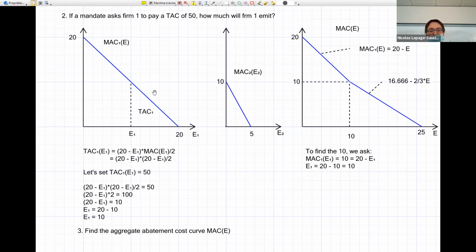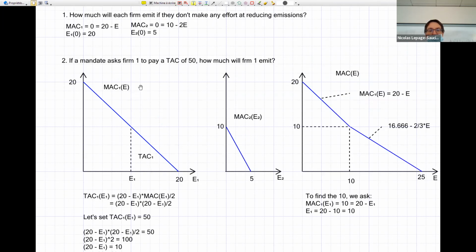Ask, for instance, at a marginal abatement cost of 10, how much would each firm have emitted? That gives you the sum total of the abated emissions. The first question, of course, is at MAC of 0, what would be the total emission? Well, we already know it's 20 plus 5, which is 25.